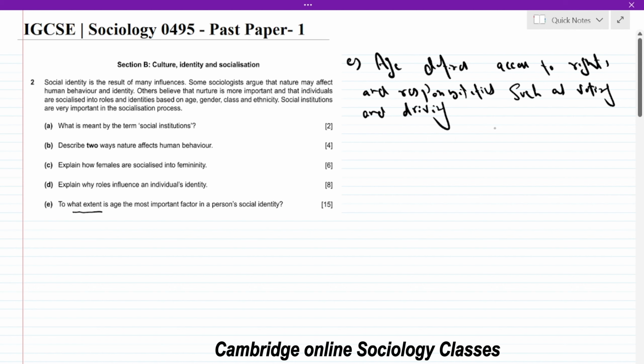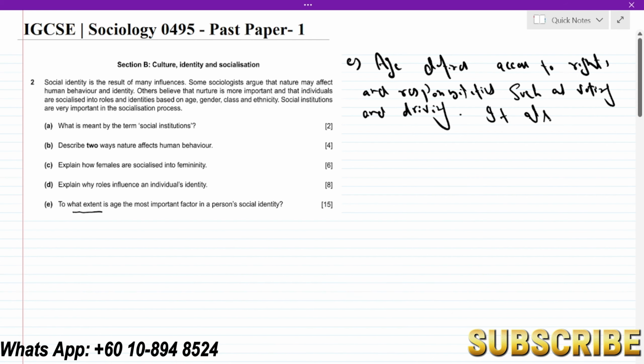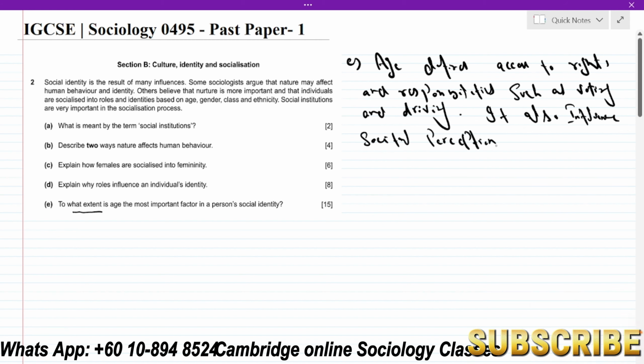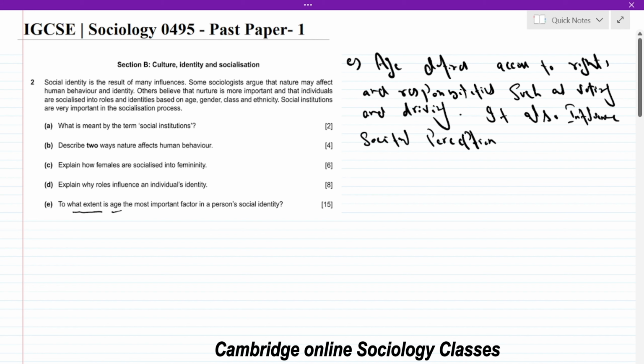It also influences societal perception. Now you see each and every line supports that age is an important factor in a person's social identity. Each and every statement should support the statement that you have been asked in the question.